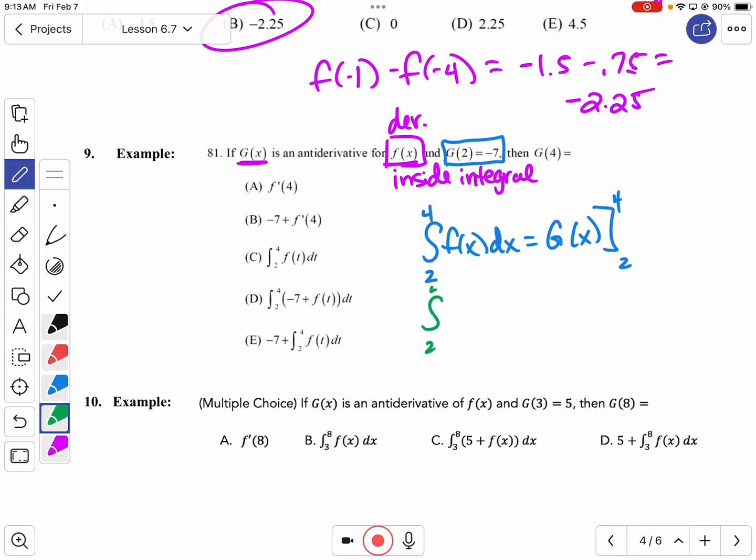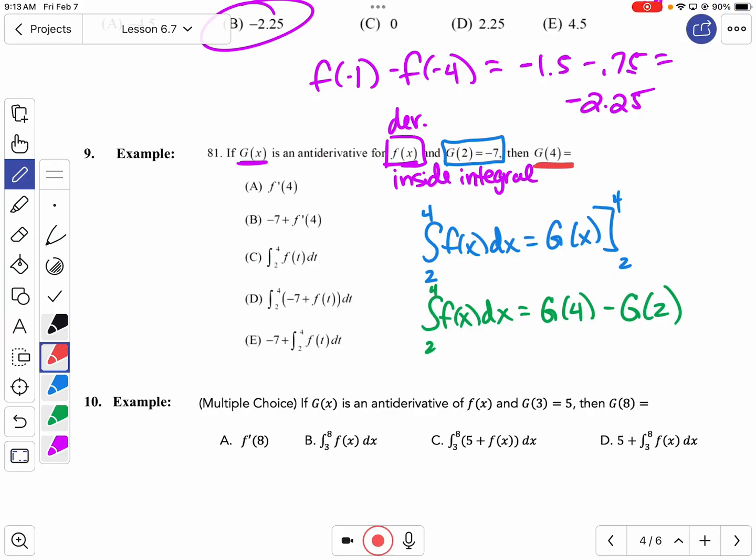So this integral is equal to g at 4 minus g at 2. That's what the fundamental theorem says. If we're doing the integral from 2 to 4 of a derivative, the antiderivative evaluated at the top minus the antiderivative evaluated at the bottom. What I want to do is solve for g of 4 because that's what it wants me to find. Well, do I know what g at 2 is?